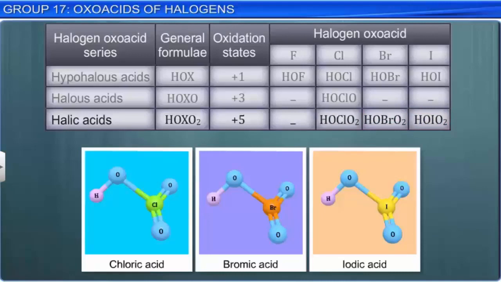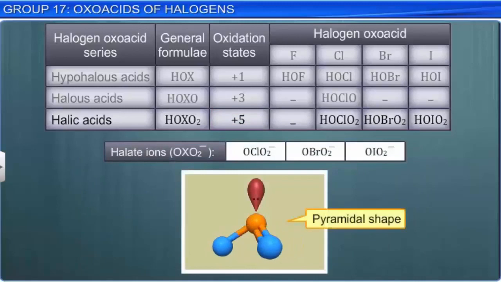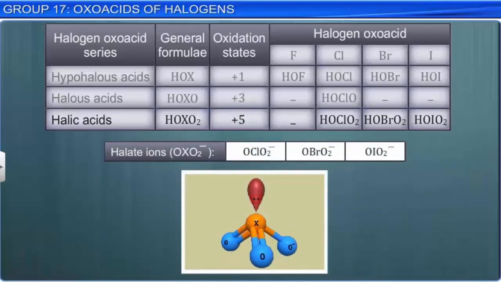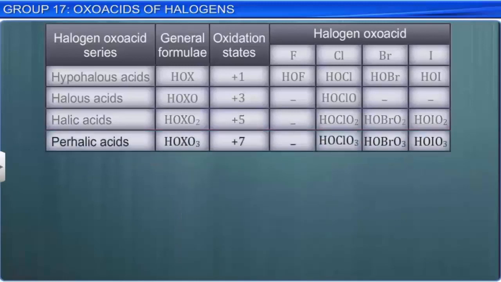The halogen has the oxidation state of +5 in these oxo acids. The respective halate ions are pyramidal in shape owing to the presence of a lone pair of electrons on the central halogen atom, as shown here.